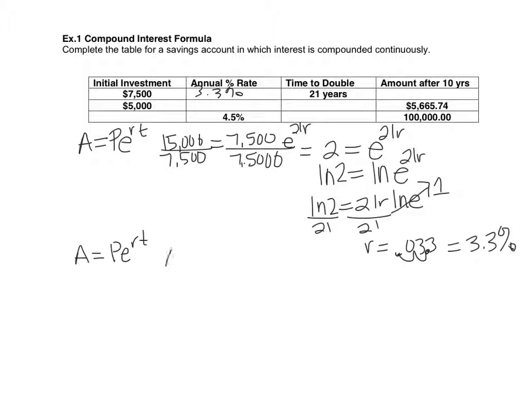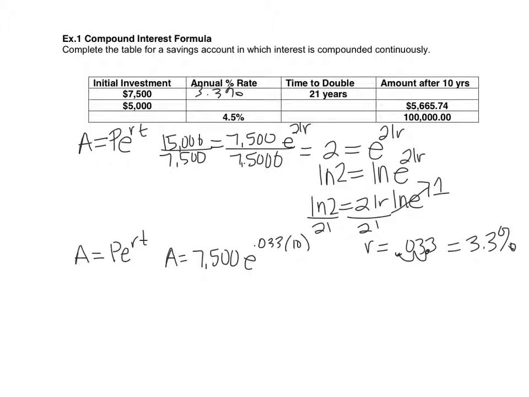Okay, so I'm going to leave A alone. I do know I started off with 7,500. And then I've got e to the, I know my rate now, 0.033 times 10 years. So this one is similar to the ones that we did at the very beginning, where we're just plugging in a years.